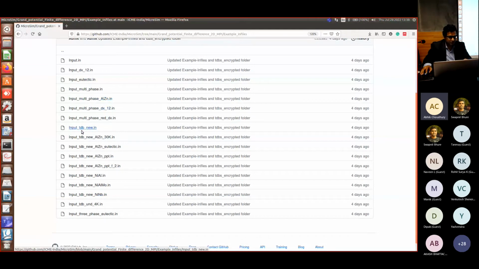Input underscore TDB, all the TDB ones are TDB in files. That means they run with real alloys. TDB new.in is the one that we modified. New aluminum zinc ppt.in is what we used. Aluminum zinc eutectic is also what we used. All of these things you can explore, and what I'll be showing further are these 3 encrypted ones, which will be in the next session.